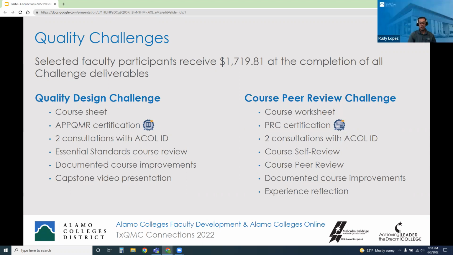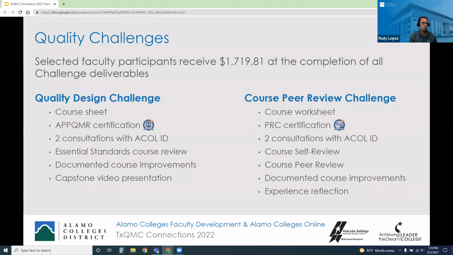Right, and then another initiative on the other side, kind of partnering as well, or extending that APPQMR and the standard knowledge. Our team rolled out the Quality Matters challenges, and those 2 challenges started in the summer of 2020: the Quality Design Challenge and the Course Peer Review Challenge. Both are separate, but in each one, faculty members are required to complete a set of deliverables.